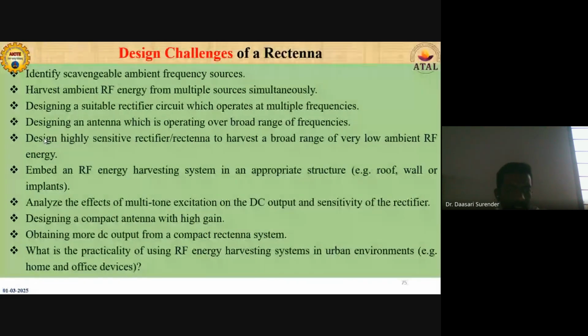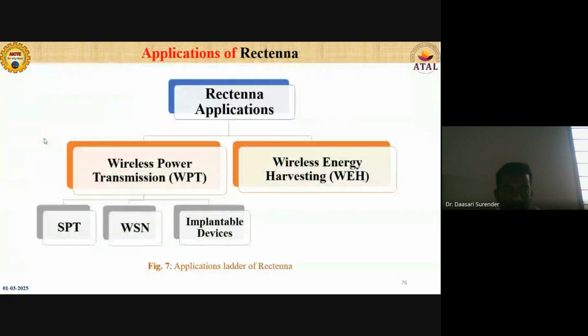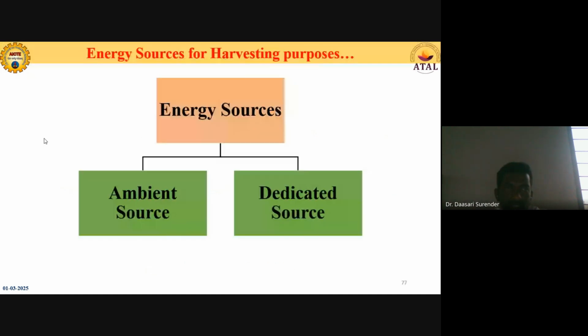These are the various challenges in designing the rectenna system operating over a broad range of frequencies. Applications of rectenna can be found in wireless power transmission and implantable devices.